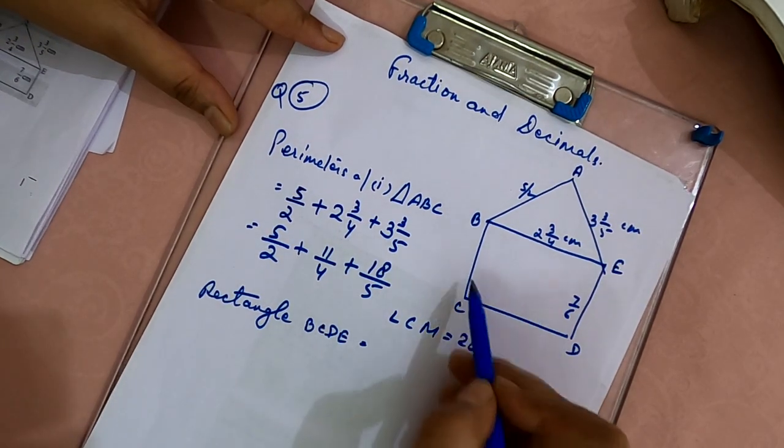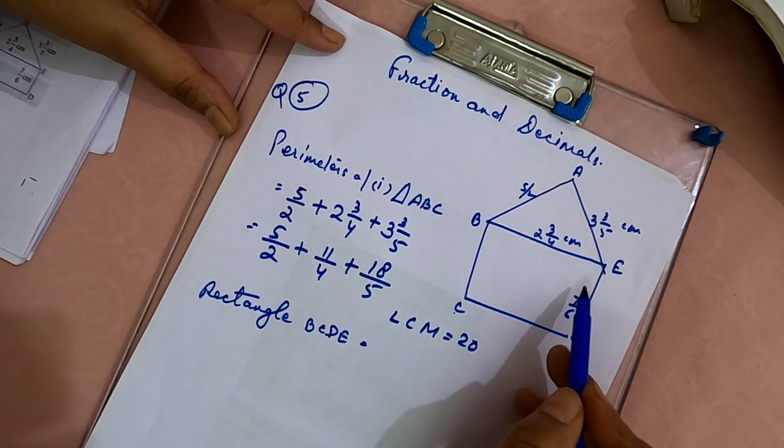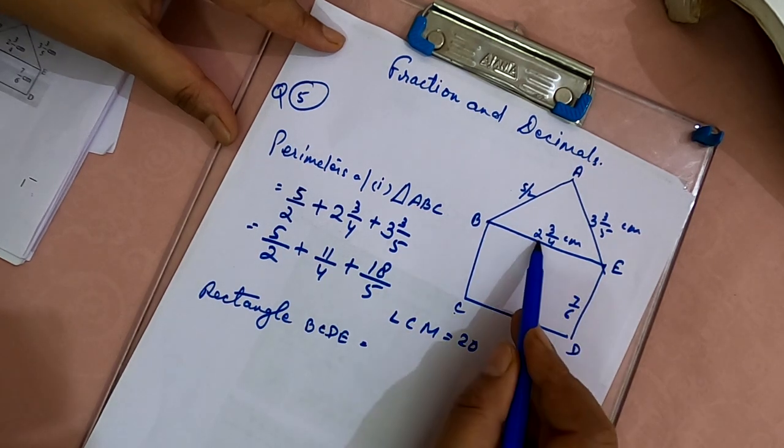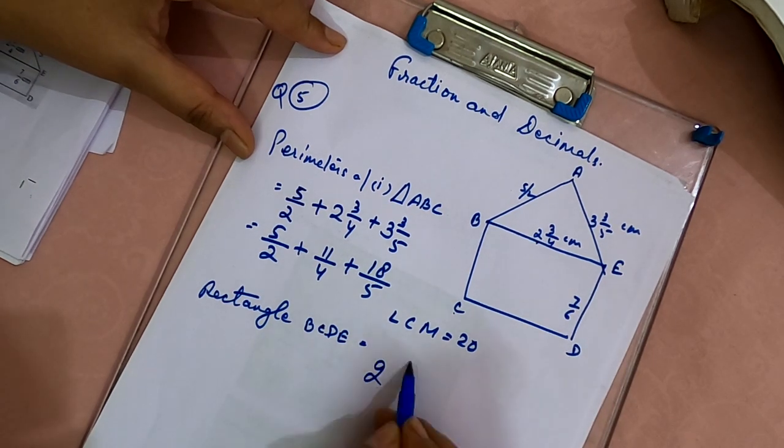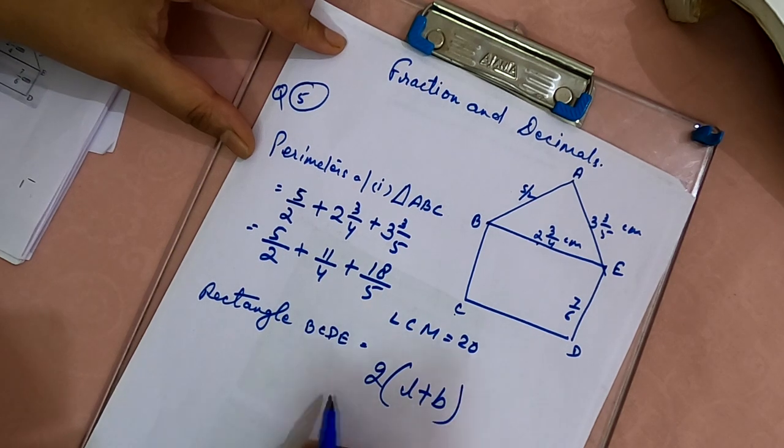This is a rectangle. BCDE is a rectangle. And you know that this is a length and this is a breadth. In my previous video I have discussed one question where we calculated the perimeter of a rectangle. That will be equal to 2 times (L plus B).